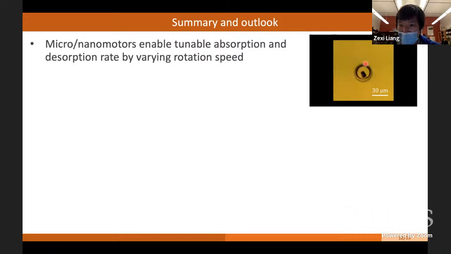And here we define a PDMS well. We empty this part, and once the motor rotating close to the well, it will just sink down and stay there. That's how we assemble the motor into the well. This area has PDMS and this area does not have PDMS.